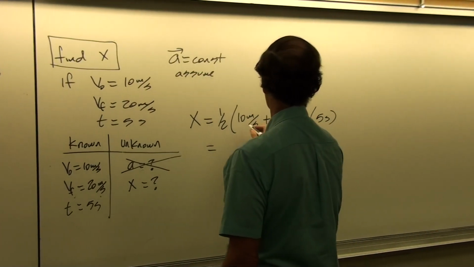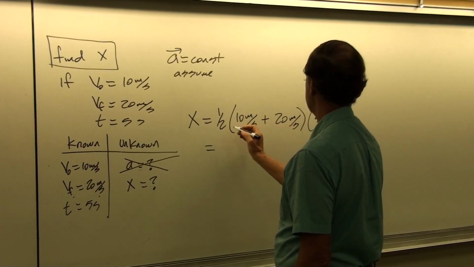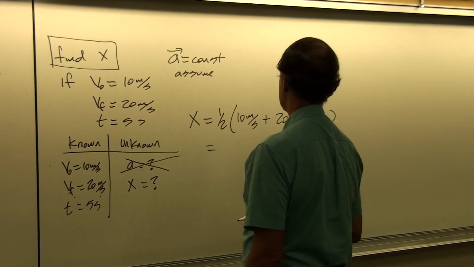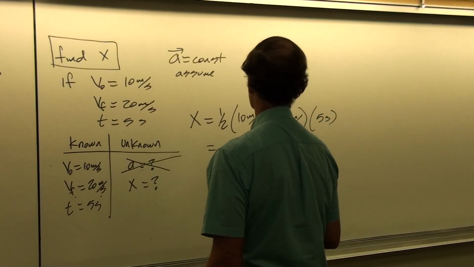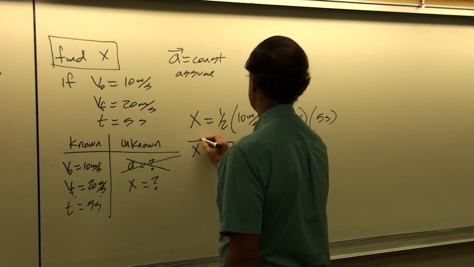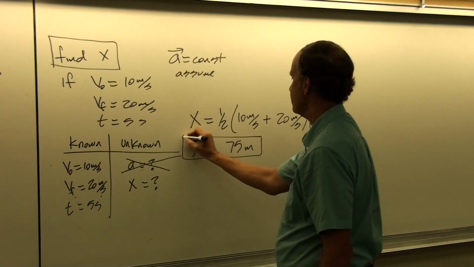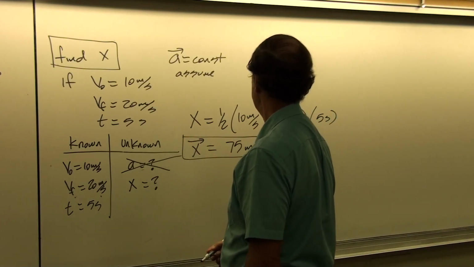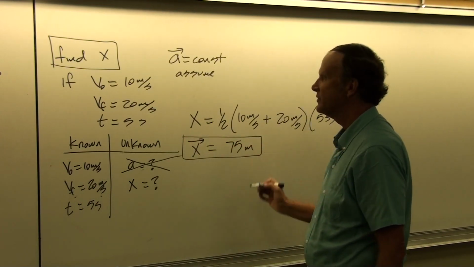And so that'll give us 20 plus 10 is 30, divided by 2 is 15, times 5. That'd be 75 meters.